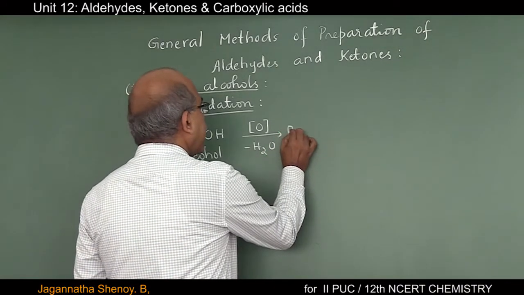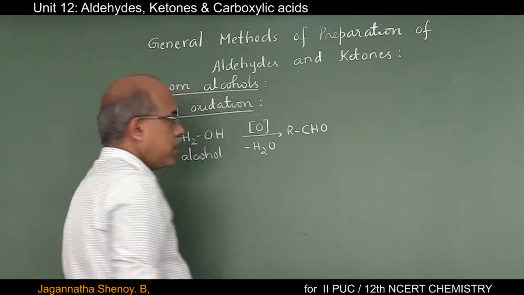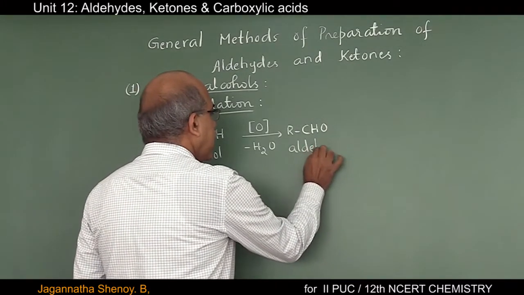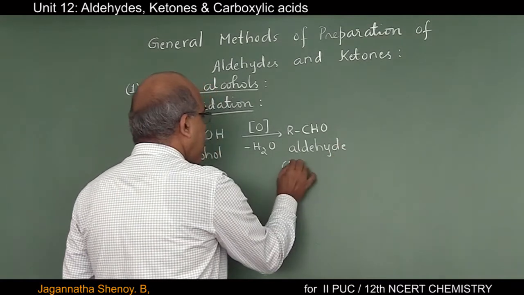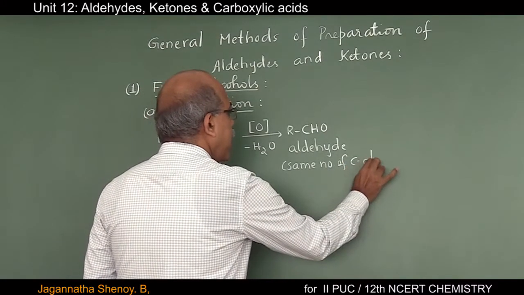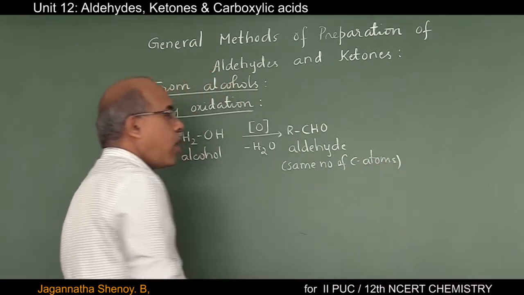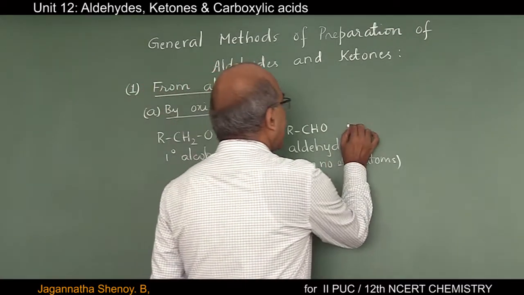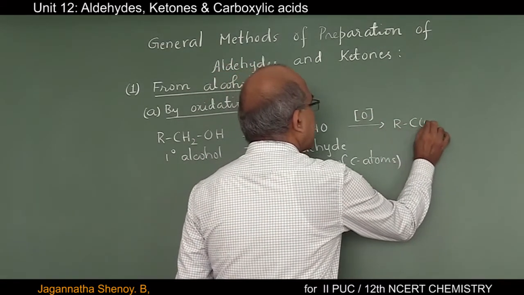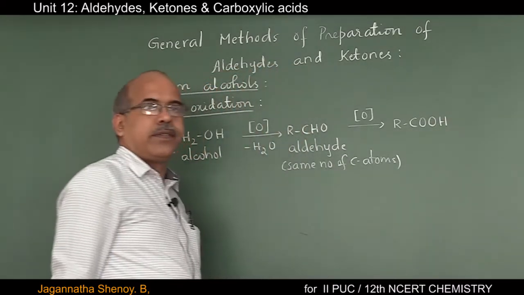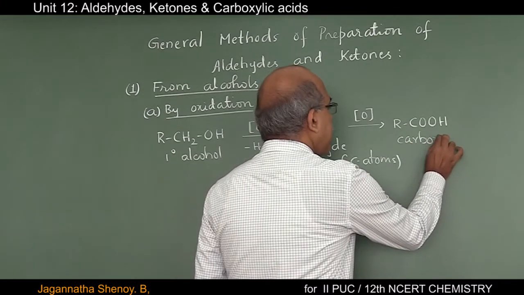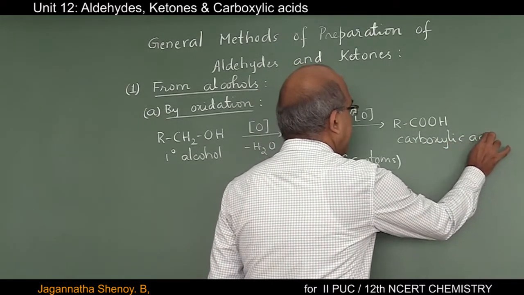We are going to get RCHO, and you already know that this is aldehyde containing same number of carbon atoms, and this aldehyde undergoes further oxidation. When it undergoes further oxidation, it will give you a carboxylic acid. It is a RCOOH, right? It is a carboxylic acid containing same number of carbon atoms.